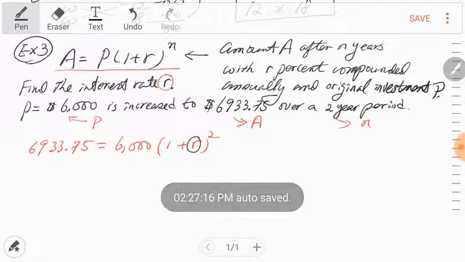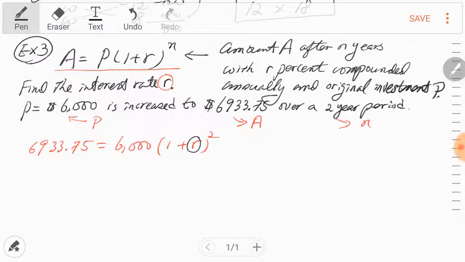How? First of all, the R is inside the parentheses and in the base of an exponential form, so leave the others first. Move 6,000 to the other side, and divide each side by 6,000. Then that is equal to 1 plus R squared.